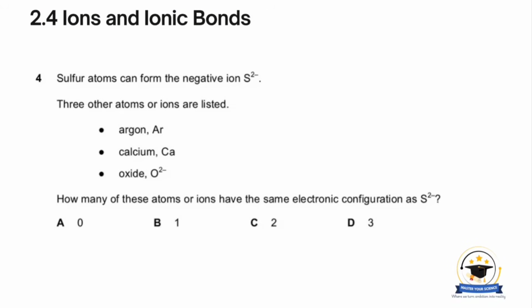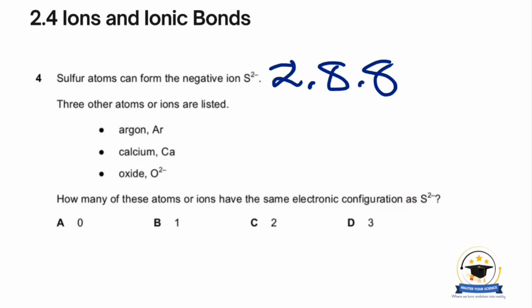So from 18 electrons, that would mean our S2- has an electronic configuration of 2.8.8. Then argon, which is in the same period as S2-, has a proton number of 18, and that would be also its number of electrons.